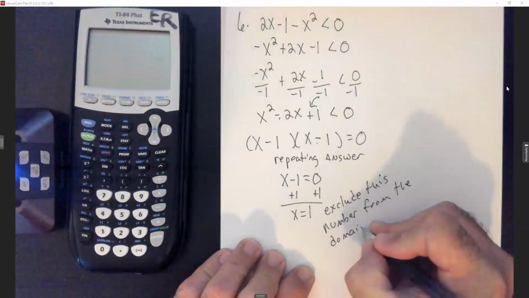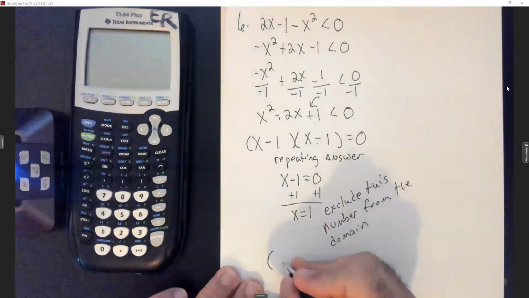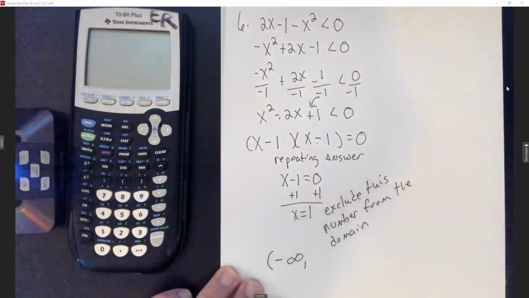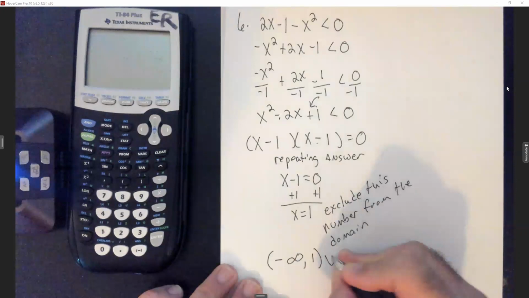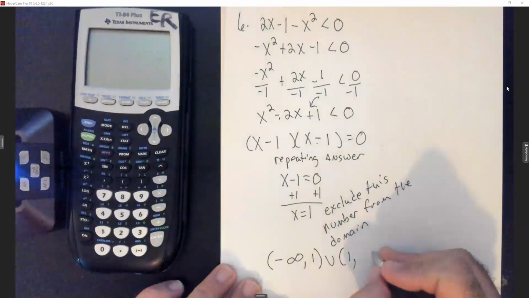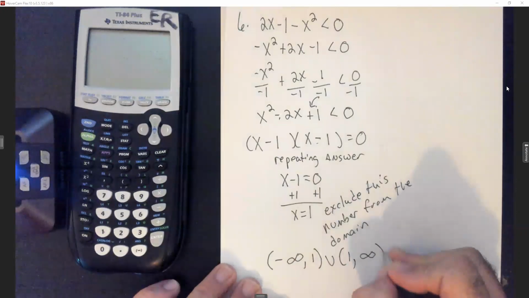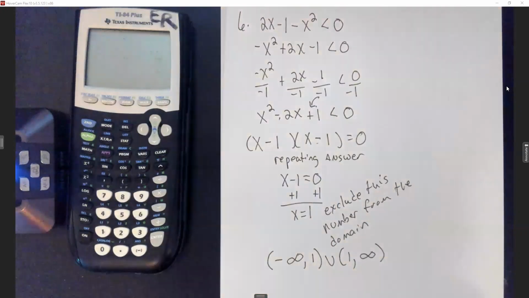So that means your domain will start at -infinity, goes until you hit the 1, and then you're going to union from the 1 to a positive infinity. Also notice this, when you get one answer, this is going to be parentheses only. It can't be equal to it, because then that means all the answers would have worked.